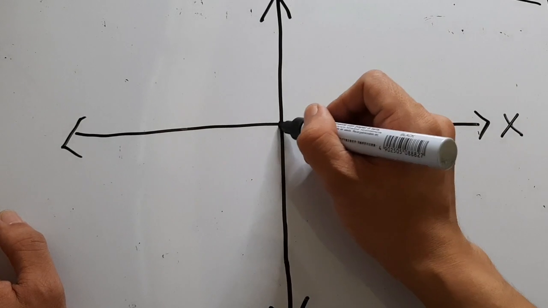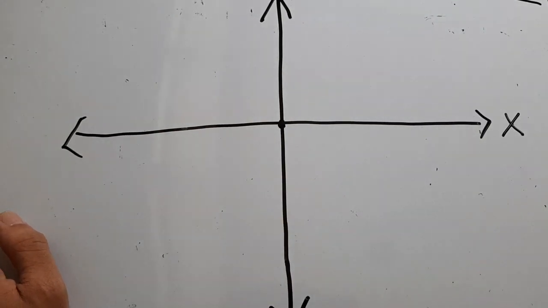Okay? So, the origin, which is 0, 0. Ang pinakamalaking given number natin kanina ay 17.